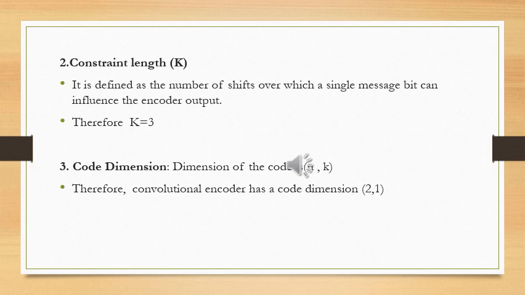Now in our example of convolutional encoder, the number of input bits per time slot, that is k, was equal to 1, and the number of output bits n was equal to 2. So the dimension of the convolutional encoder is (2, 1).